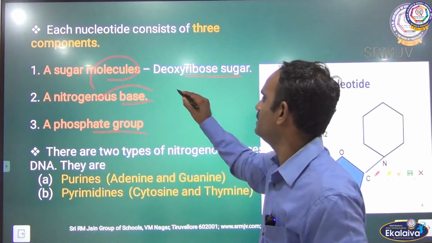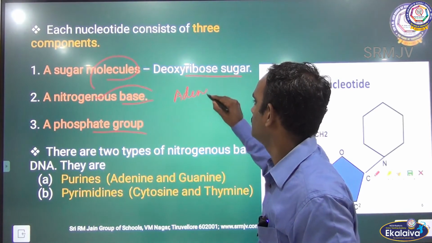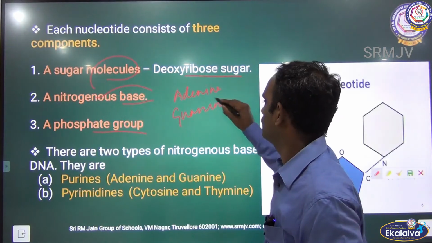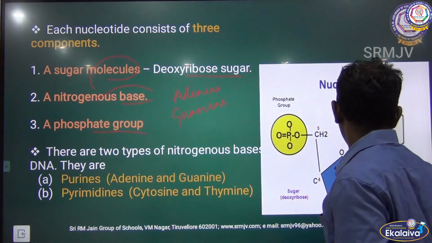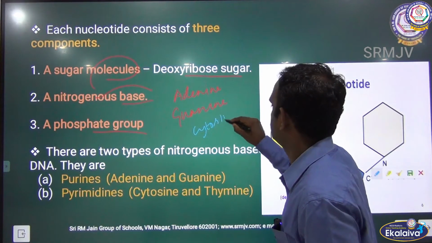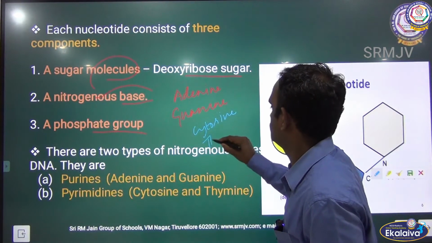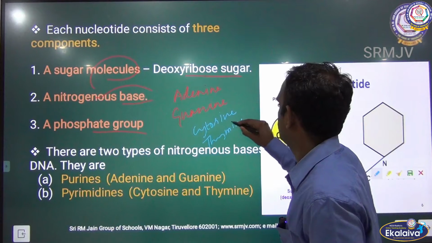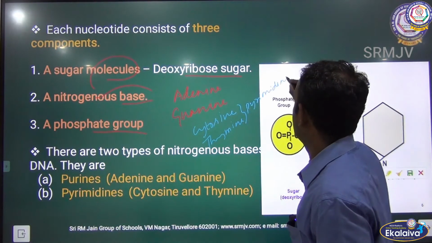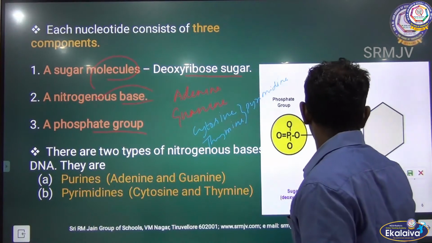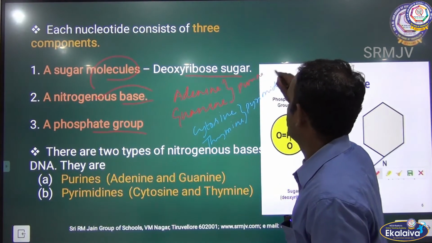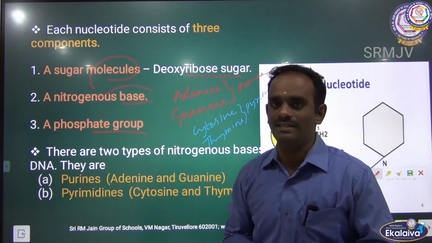Adenine and guanine are purines, and so these four are the nitrogenous bases.